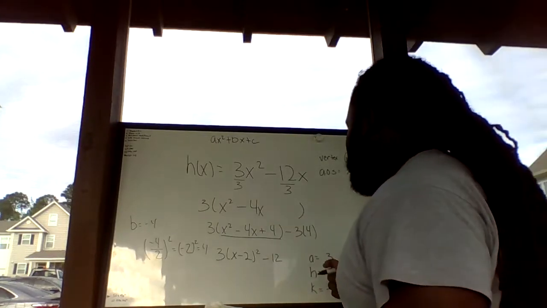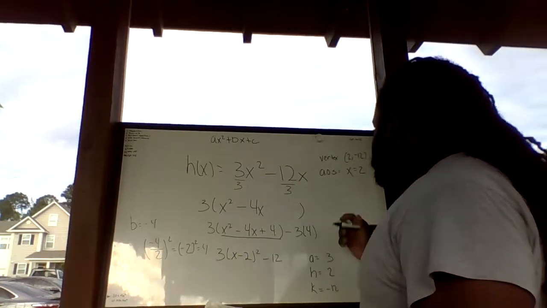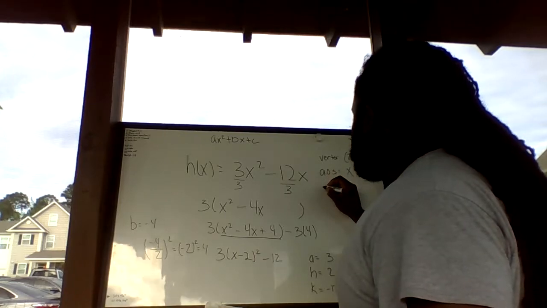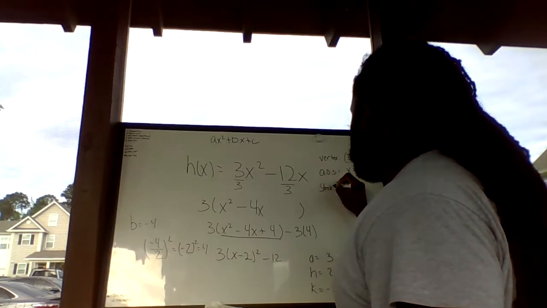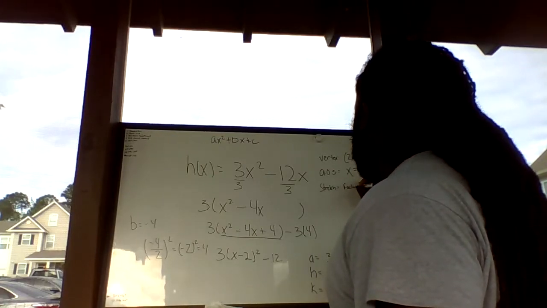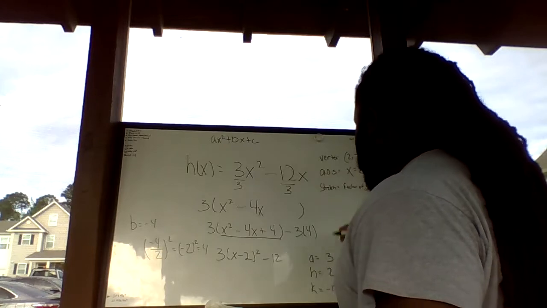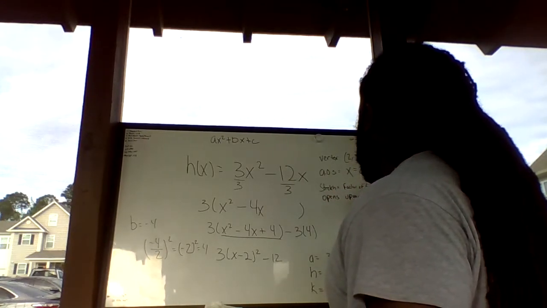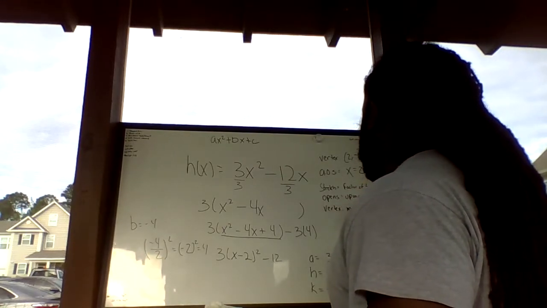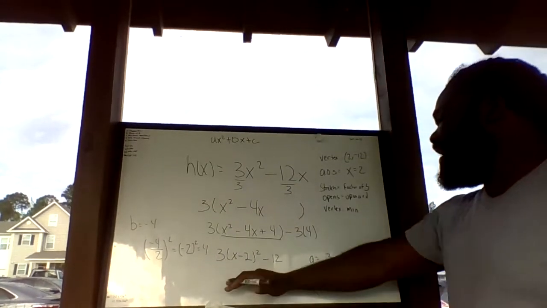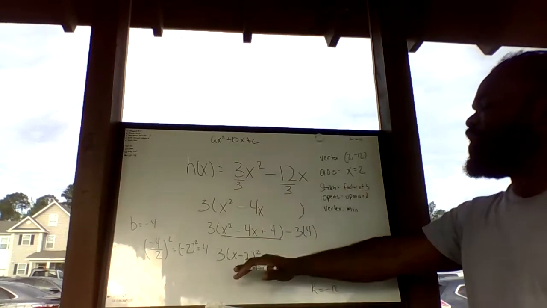And I also know that I have a stretch by a factor of 3, and it opens upward. My vertex is my minimum. Those are all the things I know just by getting it to vertex form.